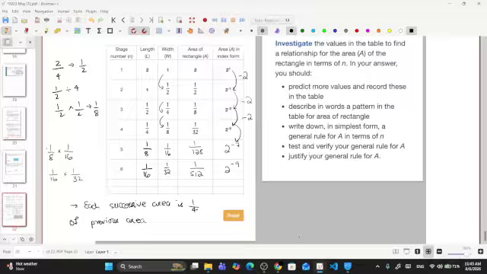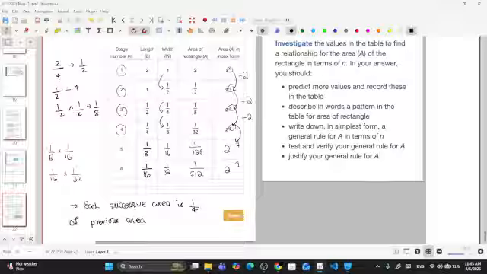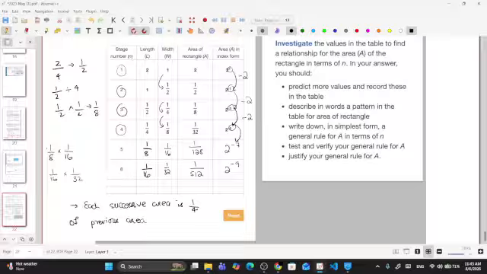Talking about the general rule for A, we can effectively see, first things first, looking at the exponents of base 2, we are going from 1 to negative 1. For example, when the stage is 1, the index is 1 as well. But when the stage is 2, it's minus 1. When the stage is 3, it's minus 3. At 4, minus 5. So what's happening essentially? The exponent forms an arithmetic sequence with the first term 1 and a common difference of minus 2. The nth term uses the common difference times n minus 1.